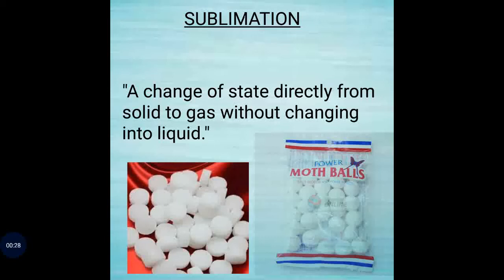It slowly changes to gaseous state. So these are the examples for the process sublimation. Here the only change is that substances directly change from solid to gaseous state without changing into liquid state. In the same way, a gaseous substance can directly convert to solid state.